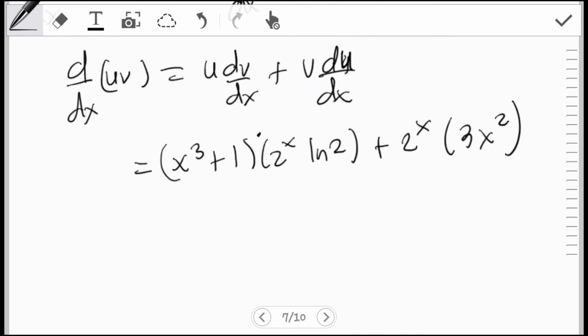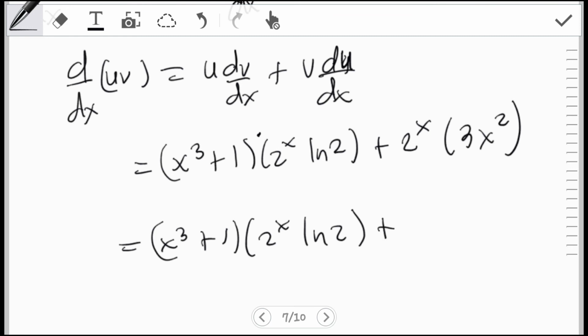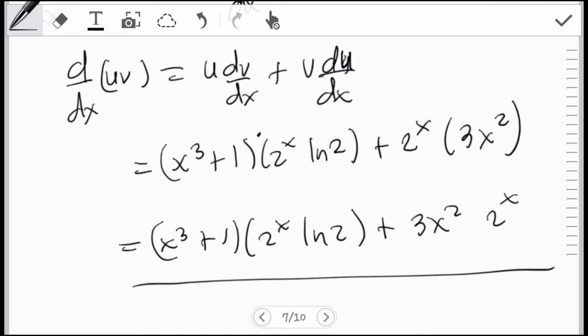So x cubed plus 1 times 2 to the power x ln 2, plus 3x squared times 2 to the power x. So the final answer.